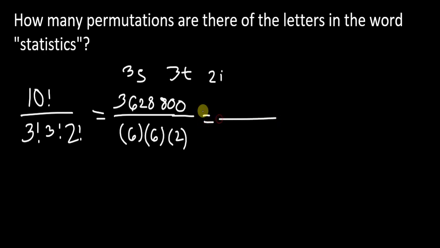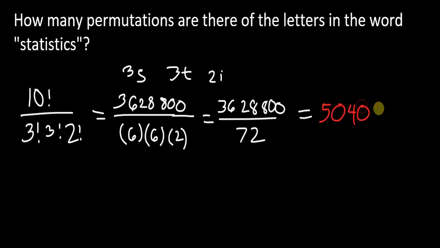Okay, so that is 6 times 6, that is 36, and 36 times 2, that is 72. And 3,628,800 divided by 72, that is equal to 50,400. So, yan yung possible permutation ng letters ng word na statistics.